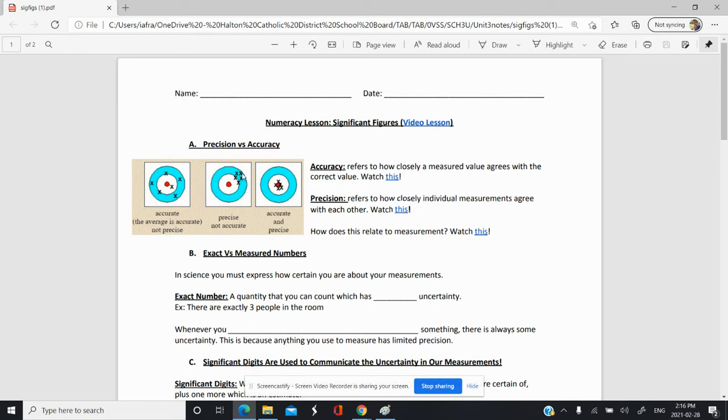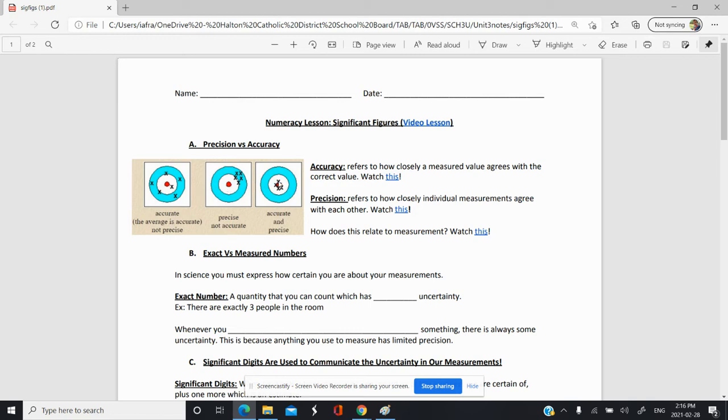But they would not necessarily be considered accurate because you did some research and found that the actual number was probably around this area here. So it was probably, let's say, I don't know, 15 instead. So your measurements themselves are considered precise because they're all very close to each other, but they're far from the actual truth, the actual number that's actually reported.